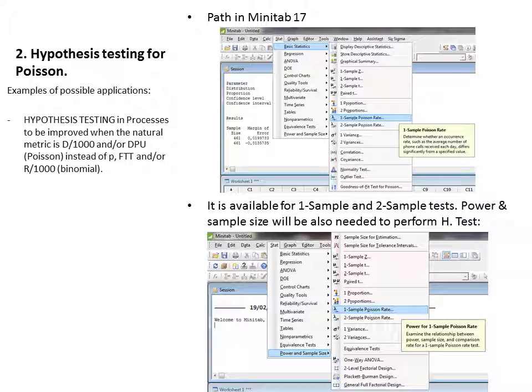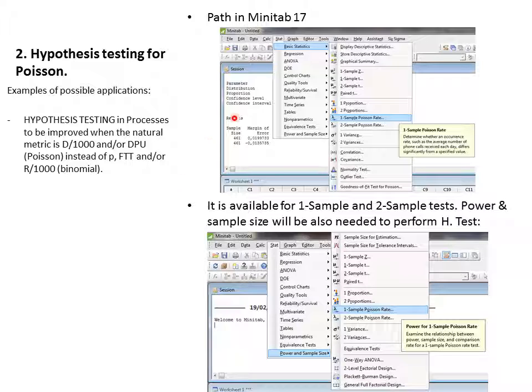So when we have a metric showing our level of defects as defects per thousand or defects per unit, this means we are using Poisson distribution. Proportion, FTT, or repairs per thousand would be that of binomial distribution metrics.